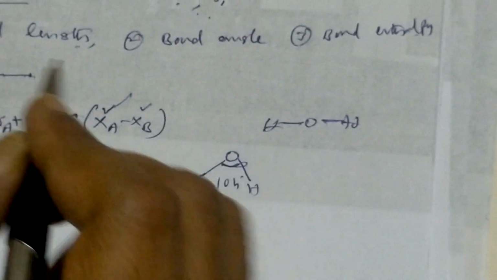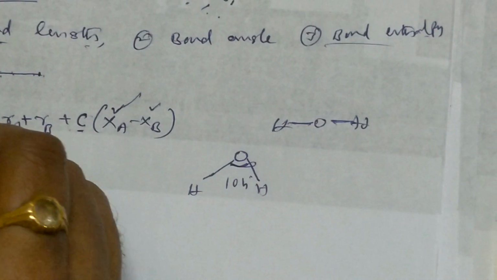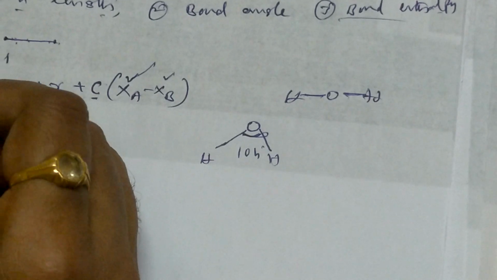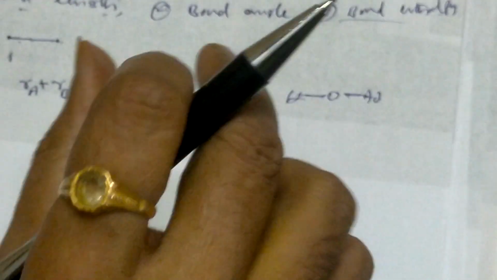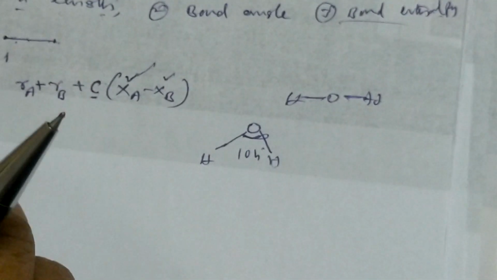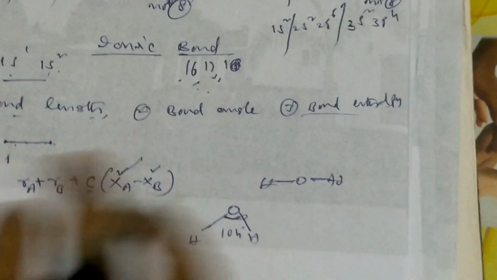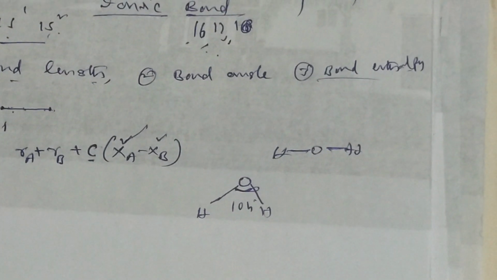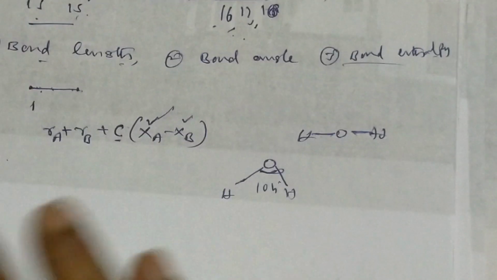Now, what is bond enthalpy? Bond enthalpy is the amount of energy required to break 1 mole of the particular bonds. Again, here I am not dealing with the double bond or the triple bond, or even the single bond in detail; this is directly this.